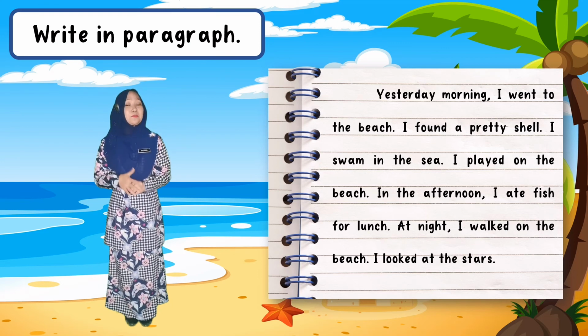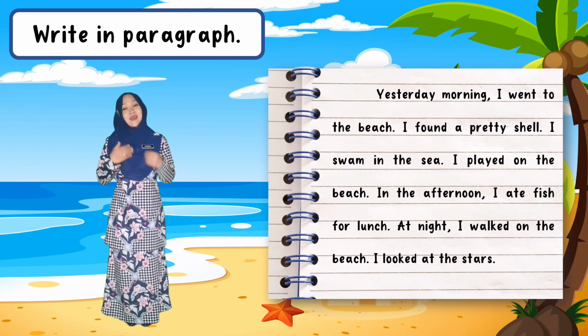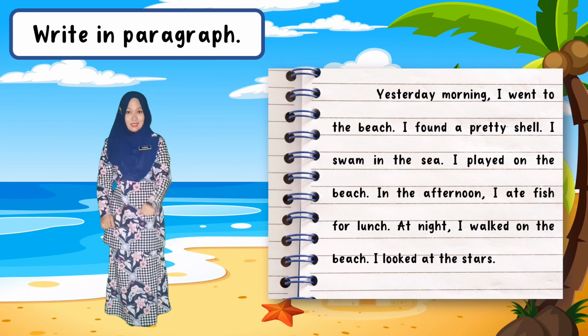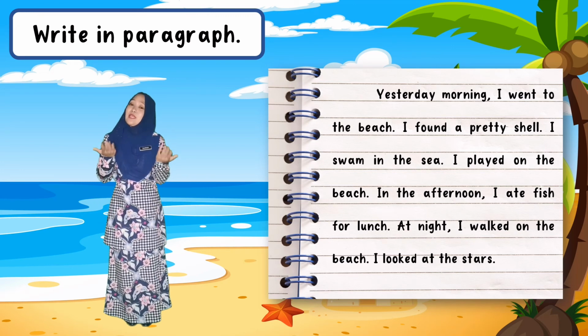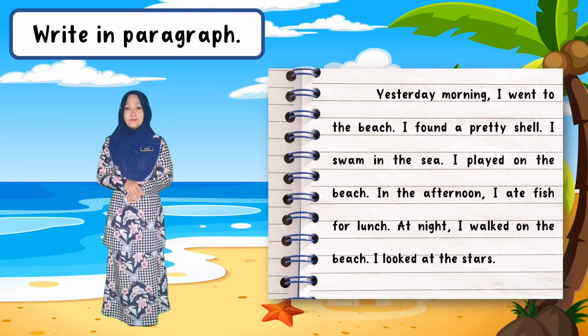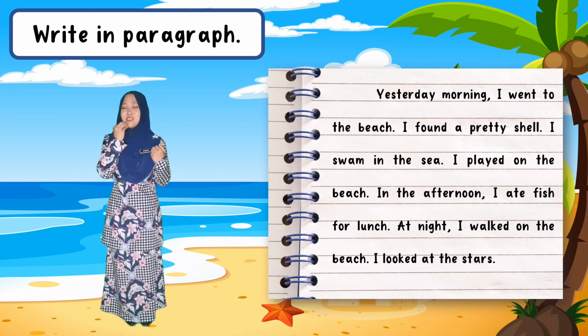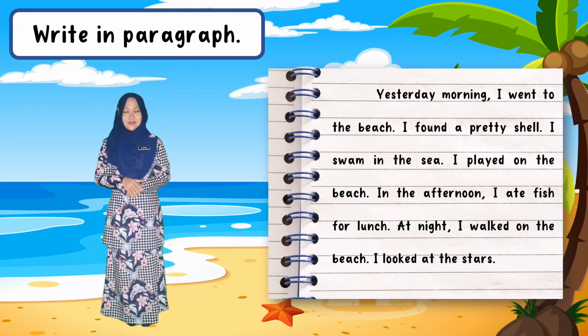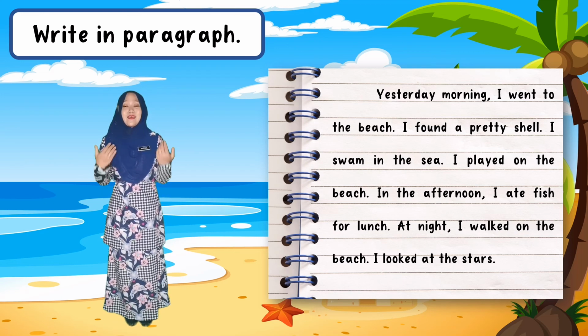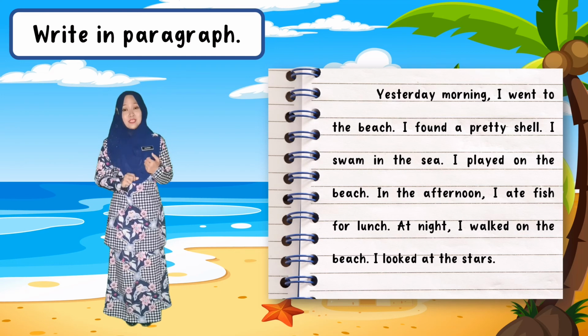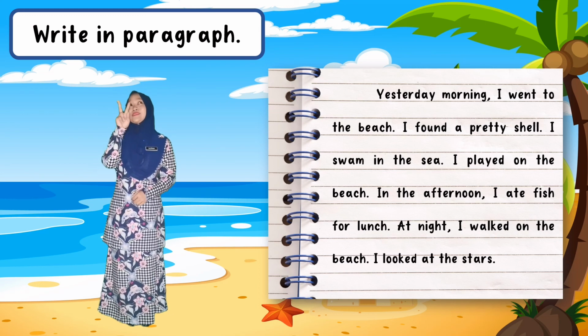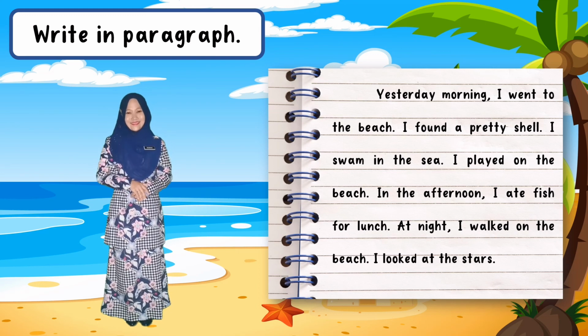I found a pretty shell. I swam in the sea. I played on the beach. In the afternoon, I ate fish for lunch. At night, I walked on the beach. I looked at the stars.